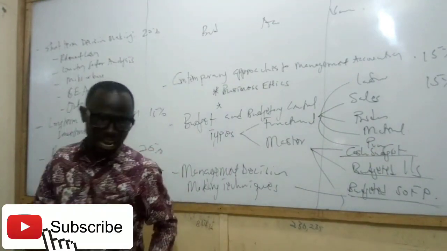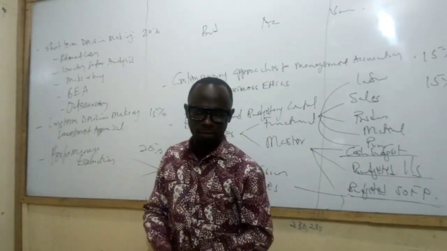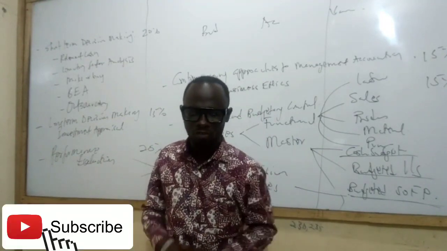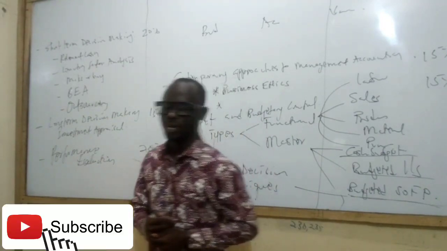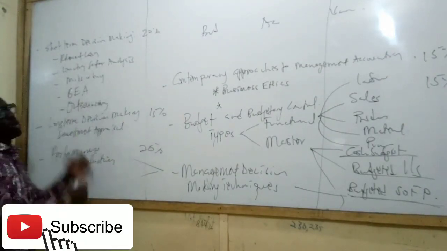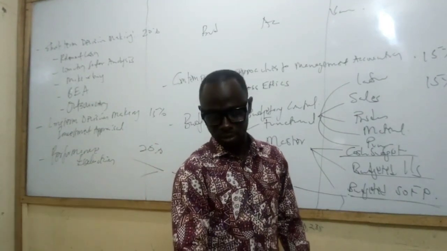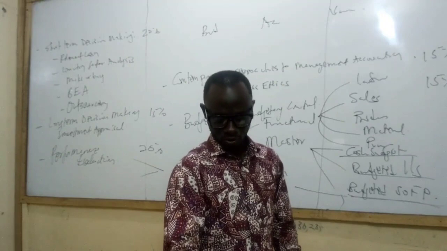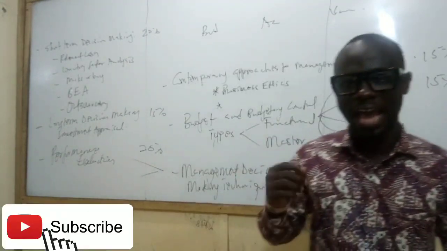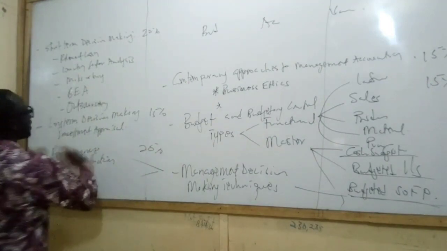Then certainly the last one, performance evaluation. You should be able to identify and explain key features of an effective performance management system. Key features of performance management system. So these are what you have to understand about the syllabus. Any question before I dive into our first discussion?